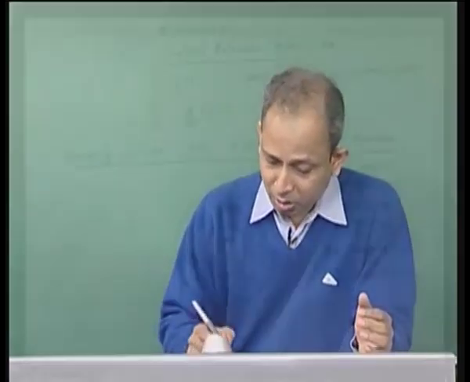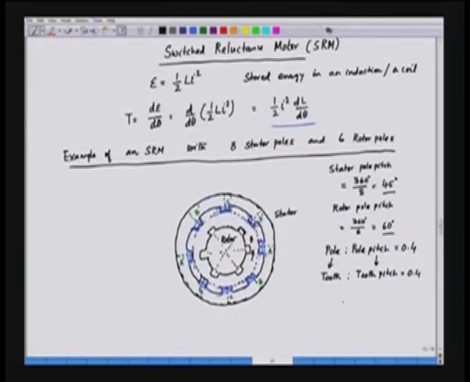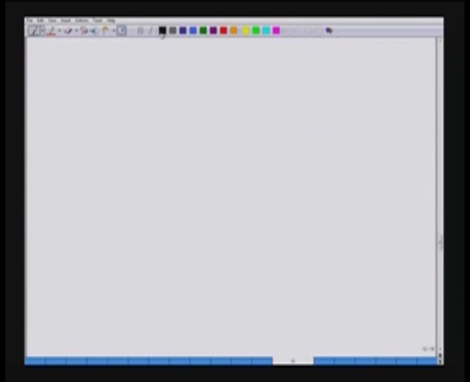It means this is the pole, the stator will have this pole structure. So, if this is the pole, we have got tooth here and this is the slot. So, this is the tooth pitch. So, tooth to tooth pitch is equal to 0.4. So, let us try to see the stator tooth pitch.